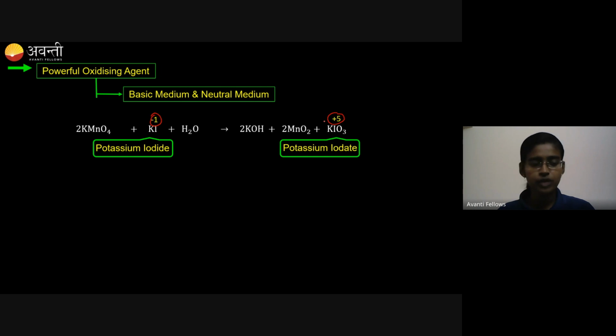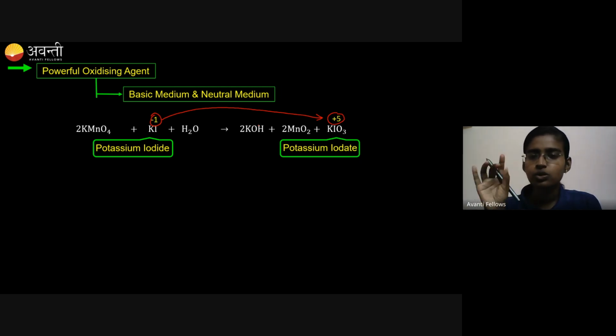Can anyone tell me? It is going from -1 to +5, right? -1 to 0, 0 to 1, 1 to 2, 2 to 3, 3 to 4, 4 to 5. So, totally 6 electrons are lost by the iodide ion.